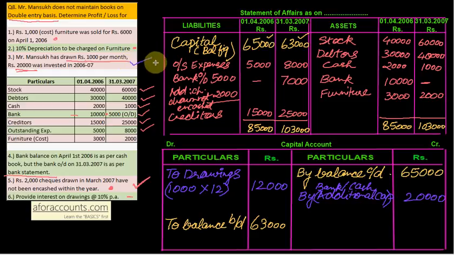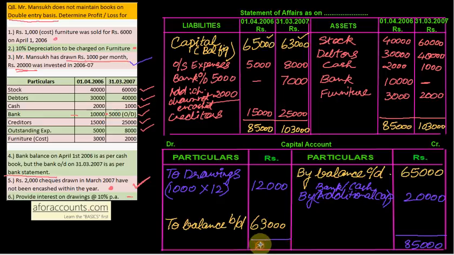Now we have to find out the net profit or loss during the year. So let me check. The total here is 65 plus 20. This side, the credit side, is higher, so 85,000 is your total. And when this side is higher, I will definitely have a loss.